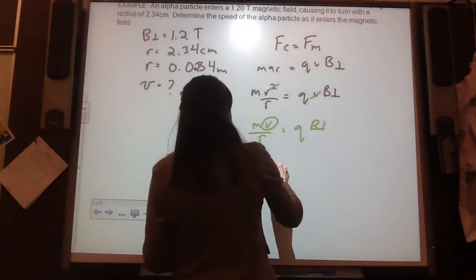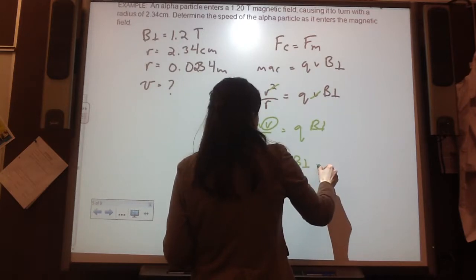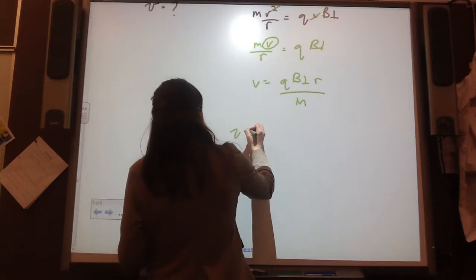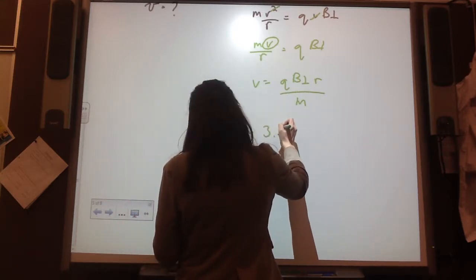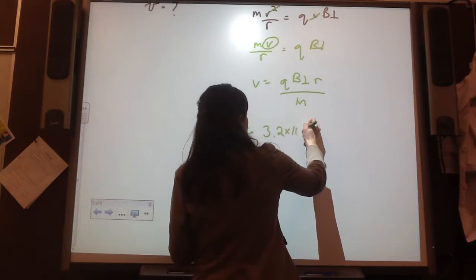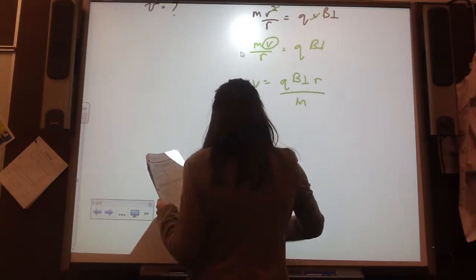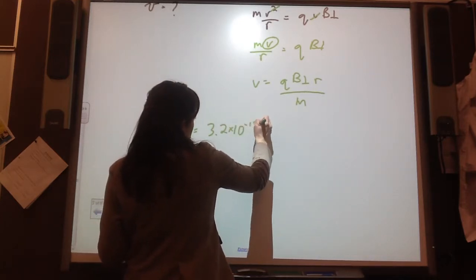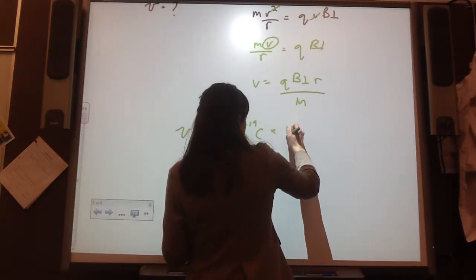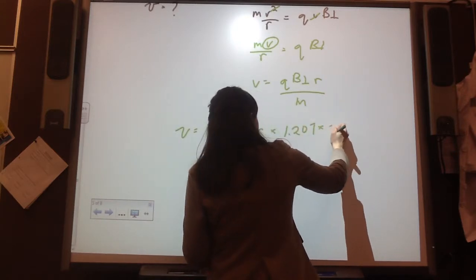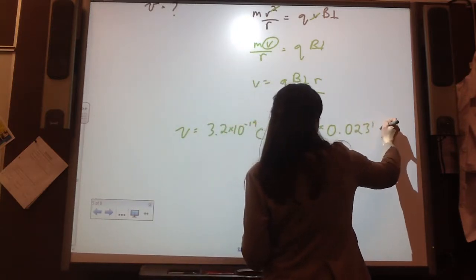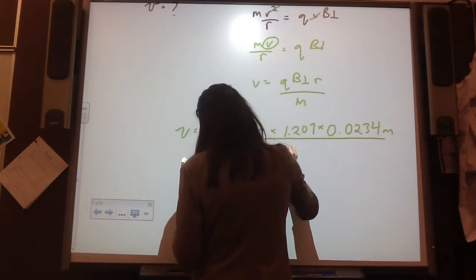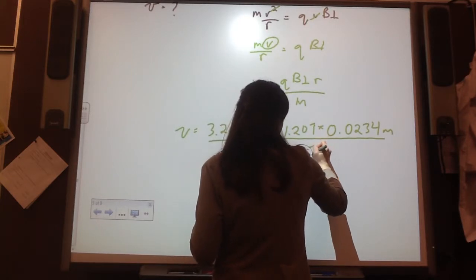So then V is equal to Q times V perpendicular times R divided by M. My charge, it's an alpha particle, so that's 3.2 times 10 to the negative 19 coulombs, times 1.20 Tesla, times 0.0234 meters, all divided by 6.65 times 10 to the negative 27 kilograms.